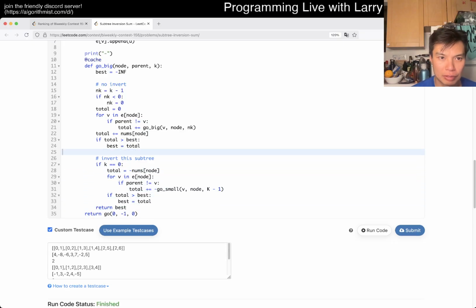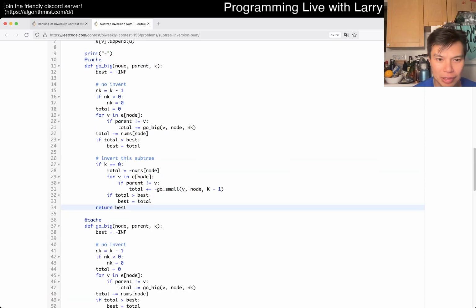And then now we just have to copy paste to go smaller by changing the function, which I guess, if you're into functional programming, you could probably do a little bit better. Go small. So then now that means that we don't invert, we want to be the smallest, right? That means that if we don't invert, we still want the smallest.